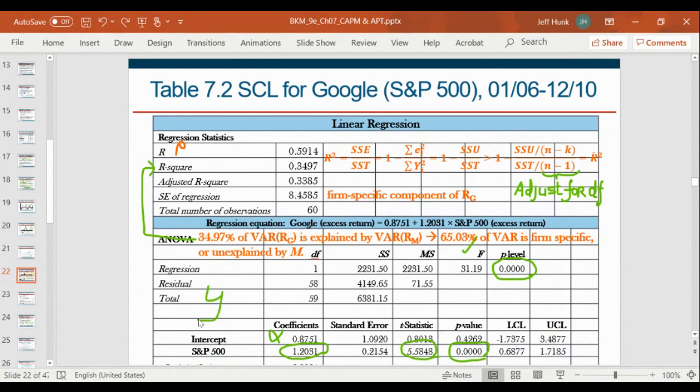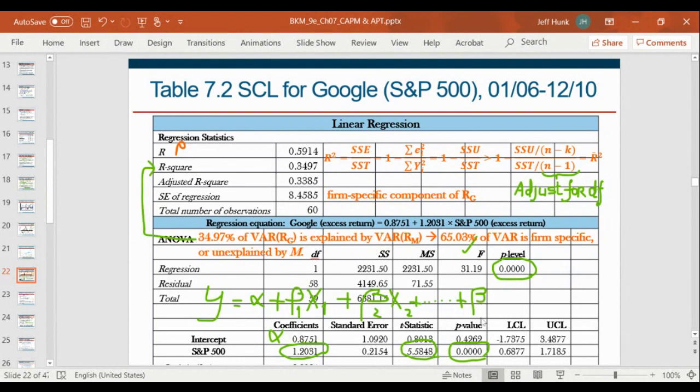The model can be specified as y equals alpha plus beta 1 x1 plus beta 2 x2, and you can have as many explanatory variables as you want.